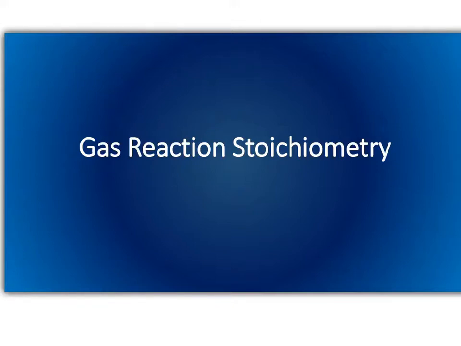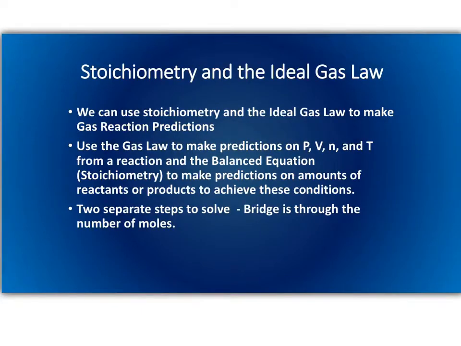So we can use the combination of the two through the mole bridge to make predictions of gas reactions with both stoichiometry and the number of moles. So let's see how this works.